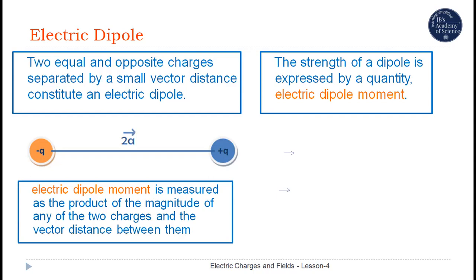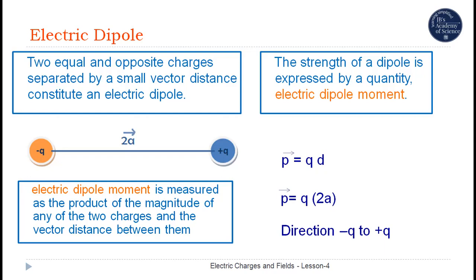So dipole moment is the product of the charge and the distance between the two charges. It is represented by a letter P. So P vector is equal to q into d. q is the charge and d is the distance between the two charges. Here in this picture, the distance is taken as 2a, so it is q into 2a.